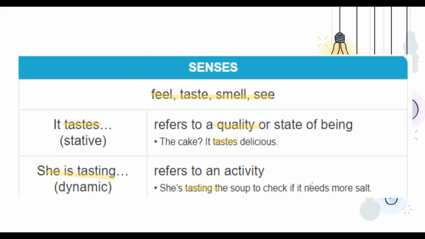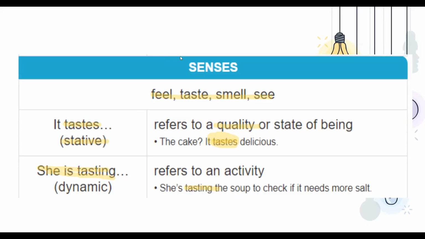She's tasting the soup to check if it needs more salt. So with tastes as a stative verb, it means that the object, in this case the food, has the quality of a certain flavor. And if I say, for example, she's tasting, it means that the person is doing the activity. So that's where the difference is.